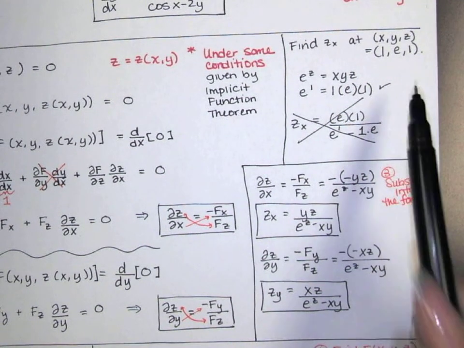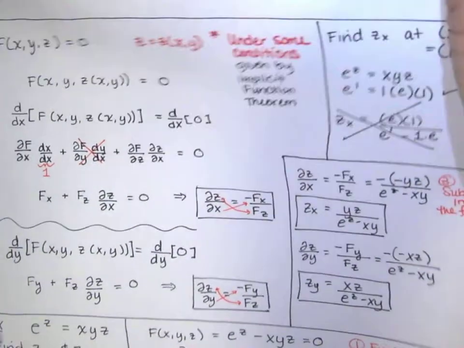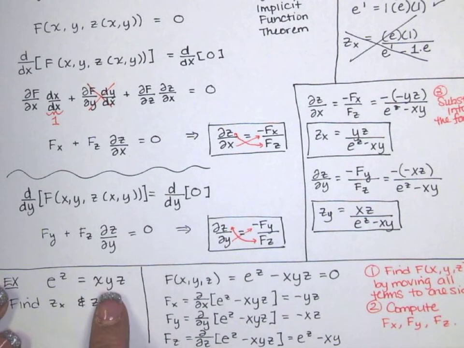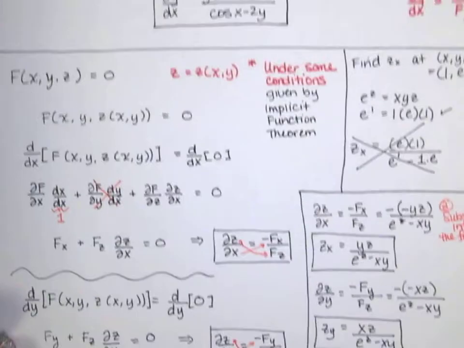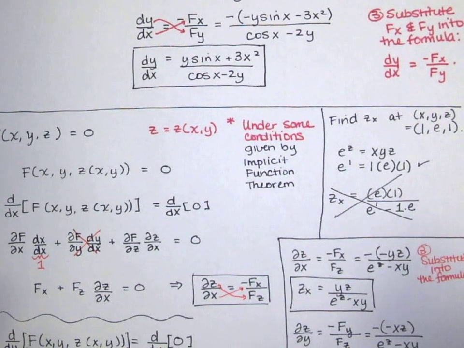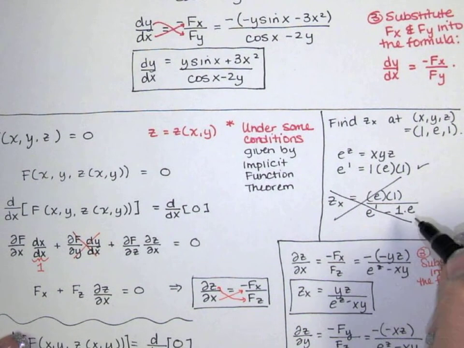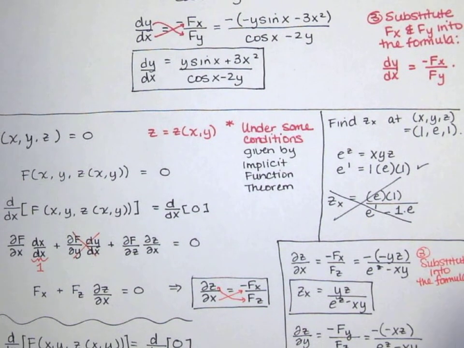Well, actually, it's going to be a little bit too involved. But if you could find an x, y, z that satisfies this, so that the partial of f with respect to z is not 0, we could find the partial of z with respect to x at that location by just substituting into this formula. It doesn't work at this point, though, because then I have e minus e in the denominator, and that's not allowed.